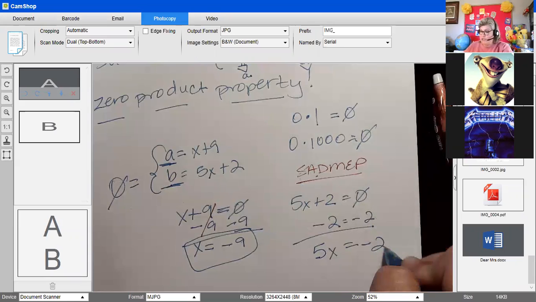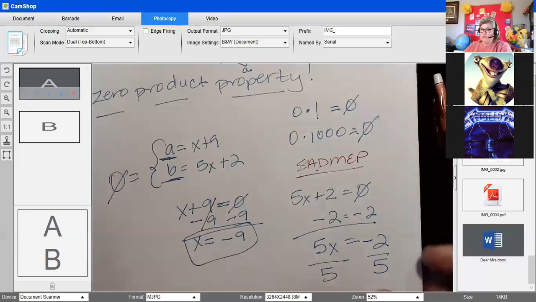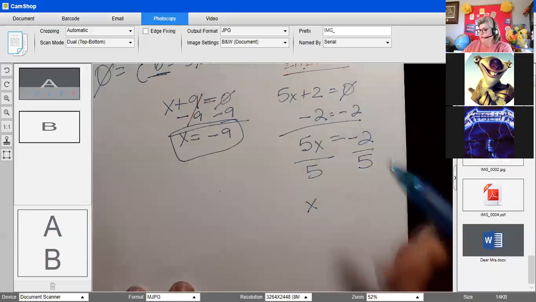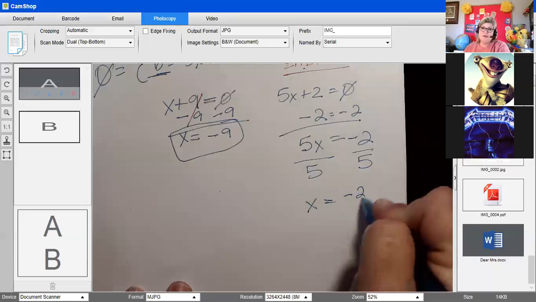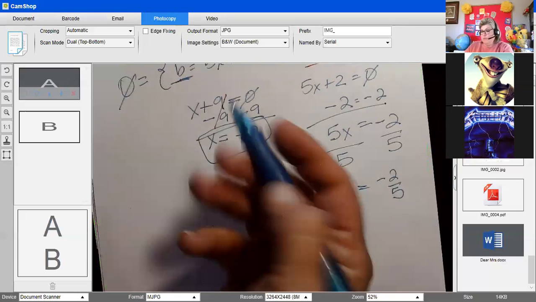And then what do we need to do? Divide. And so x is equal to negative 2/5.